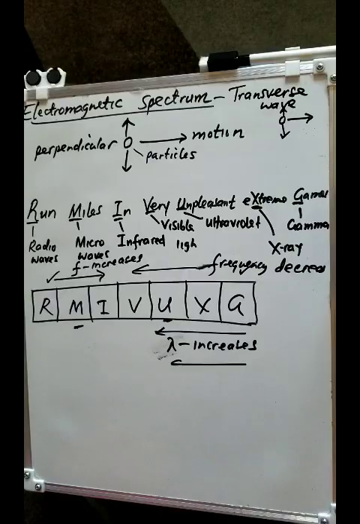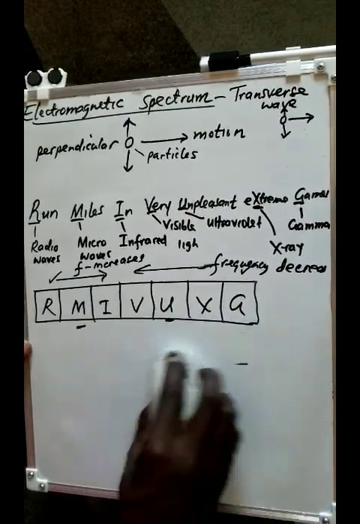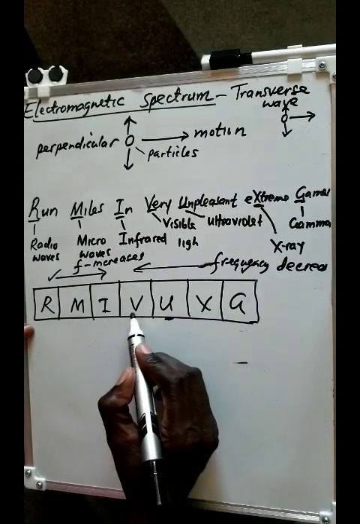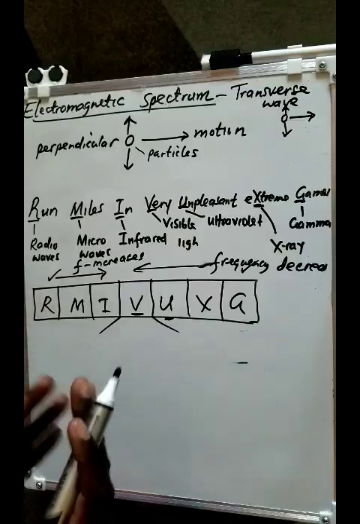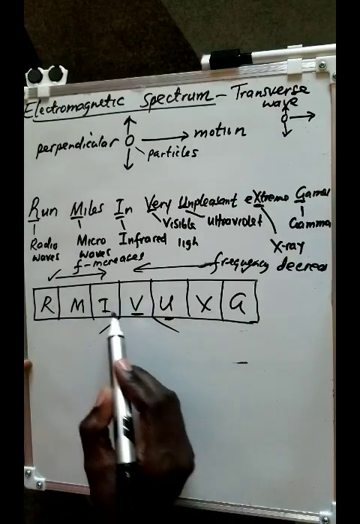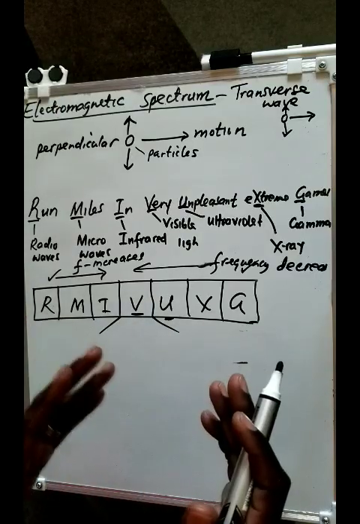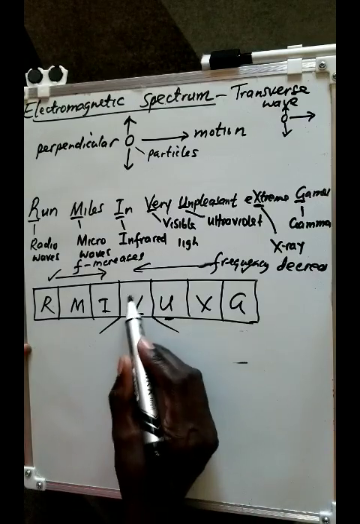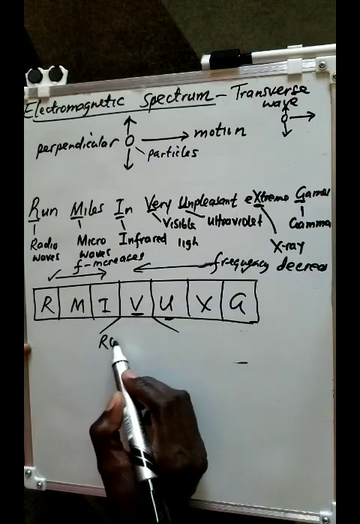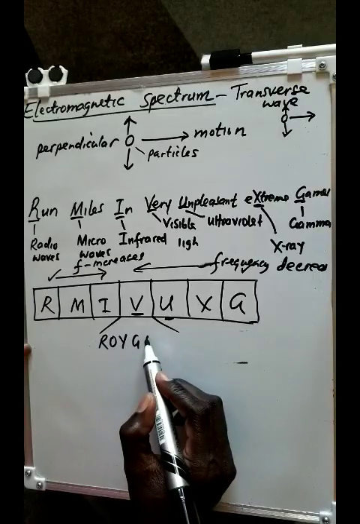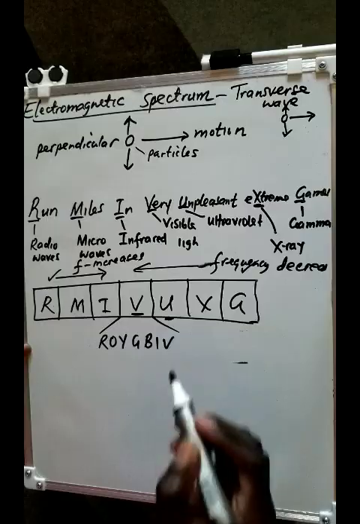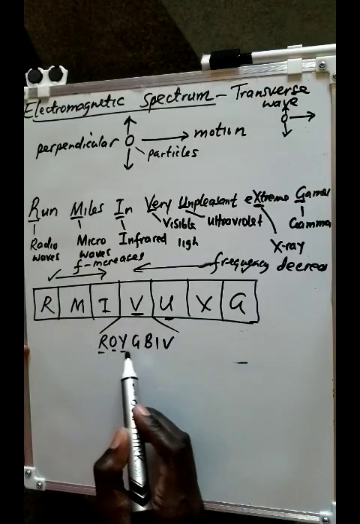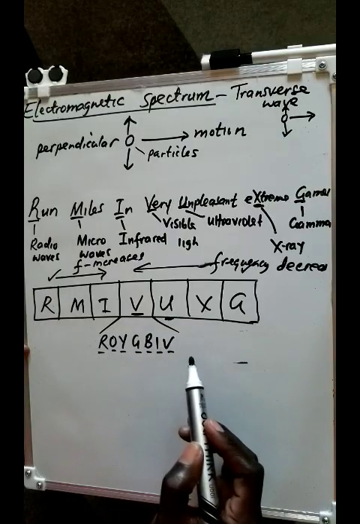Now I want to talk about something important in this electromagnetic spectrum. Remember, this is representing visible light. If you pass visible light through a prism, it is going to be split up into a band of colors that we call a spectrum. Under visible light, you create what we call ROY G BIV. That's red, orange, yellow, green, blue, indigo, and violet.